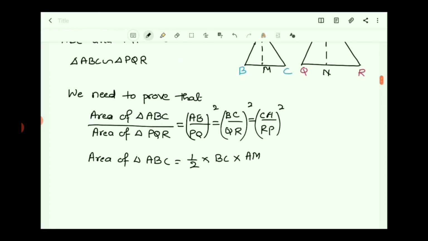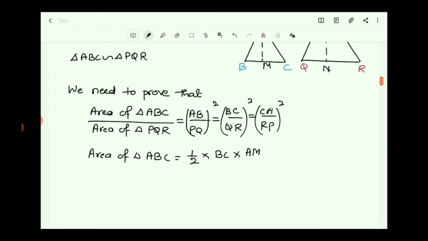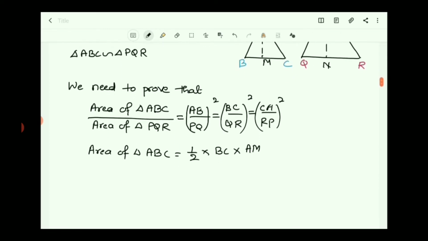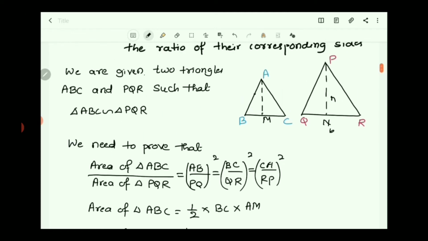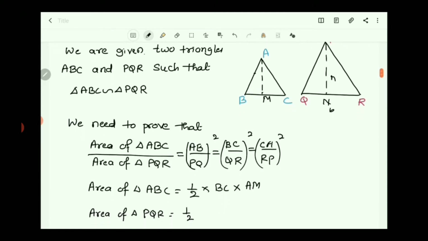Next, for triangle PQR, area of triangle PQR is again half into B into H. Here B is QR and H is PN.